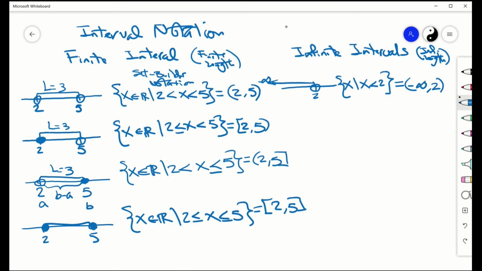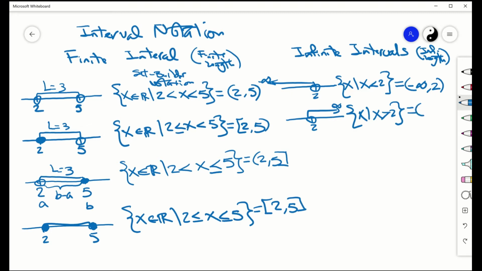What about if we want to consider all real numbers greater than 2, right? That looks like that. So this time we're looking at all x such that x is greater than 2. And this time this interval has a beginning but no end. So how do we indicate endlessness? With positive infinity, right?